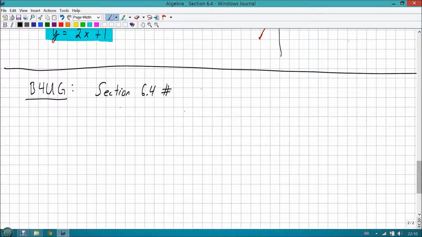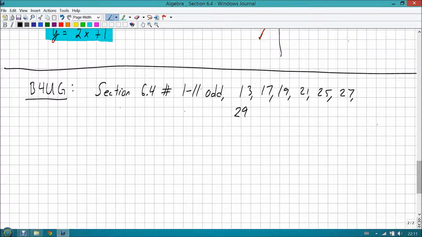Section 6.4, we're going to look at 1 through 11 odd, 13, 17, 19, 21, 25 because I love word problems and so should you, 27 to see how it works in other locations besides math classroom, and 29 because my job is to make you think. Alright, and that's it. Good luck and have fun.